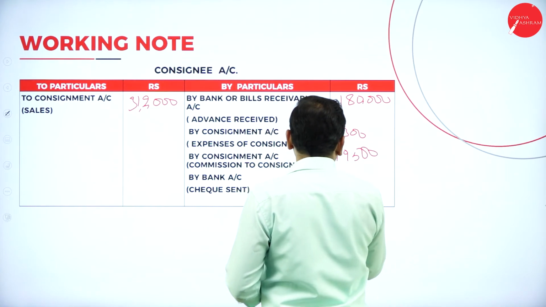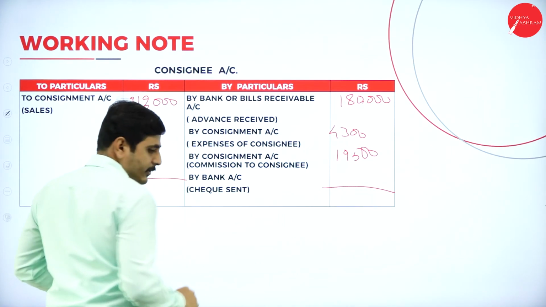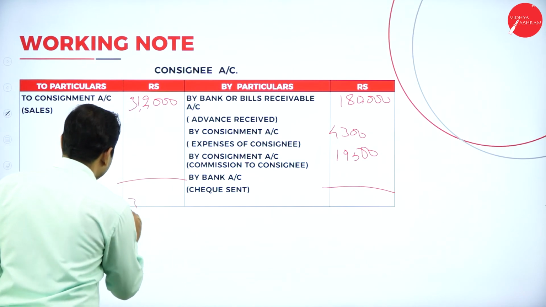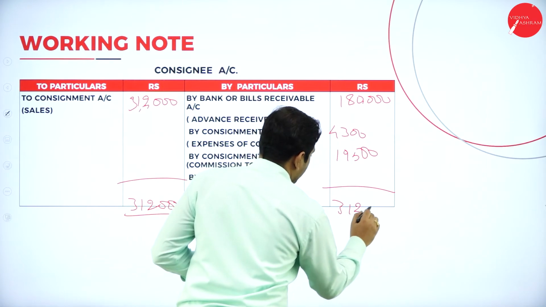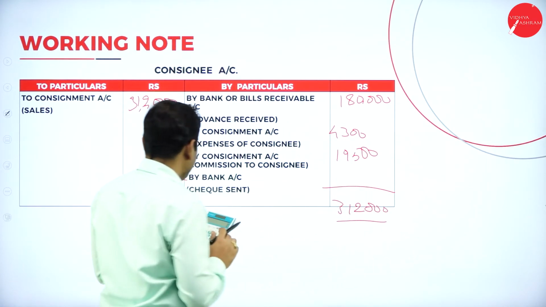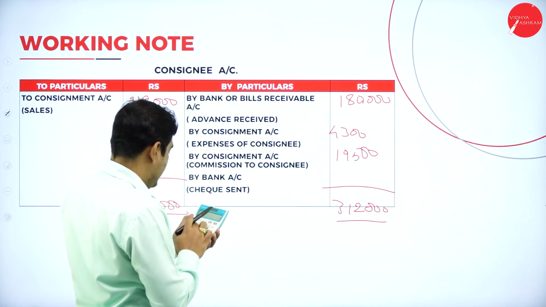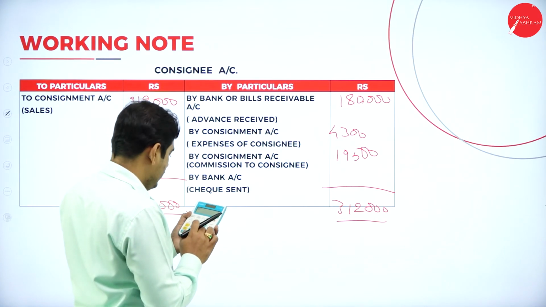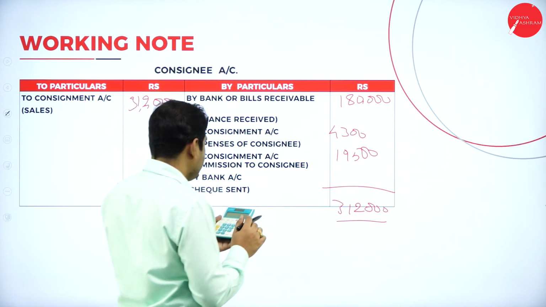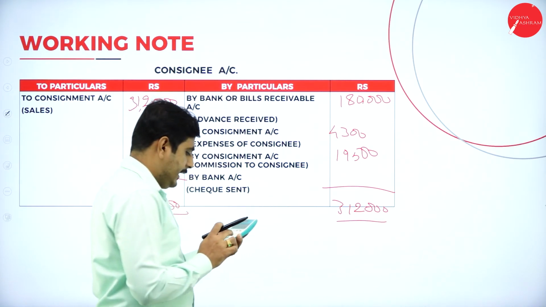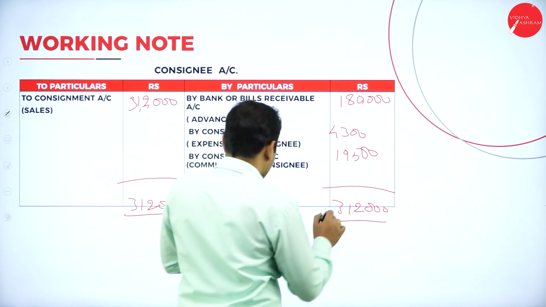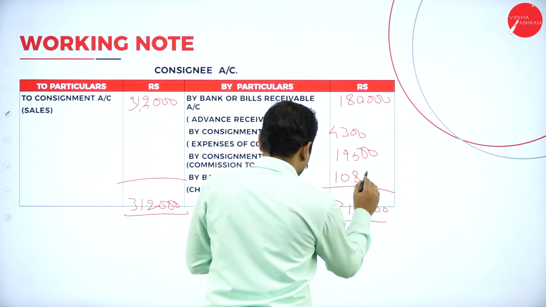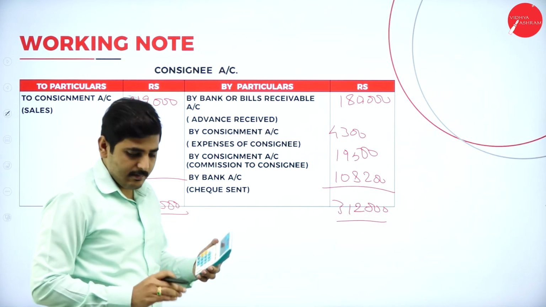The remaining amount should be transferred to consignor account. Here 3 lakh 12,000. So 1,80,000 plus 4,300 plus 19,500, the amount is 2,03,800. Minus 3,12,000, the amount is 1,08,200, which should be transferred to consignor bank account.